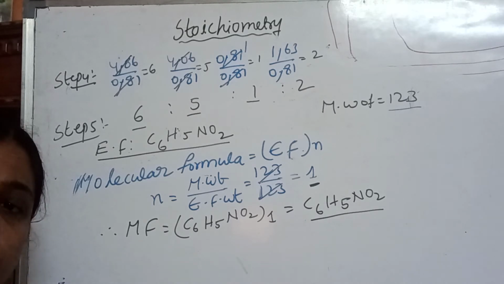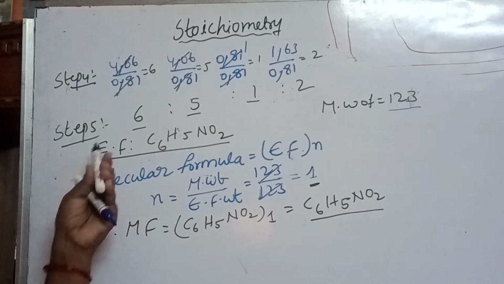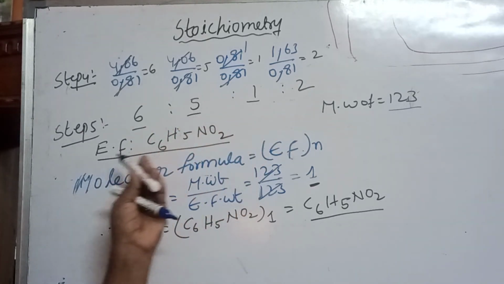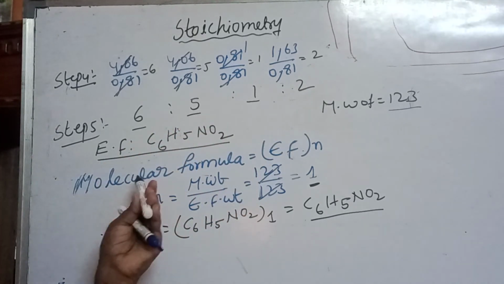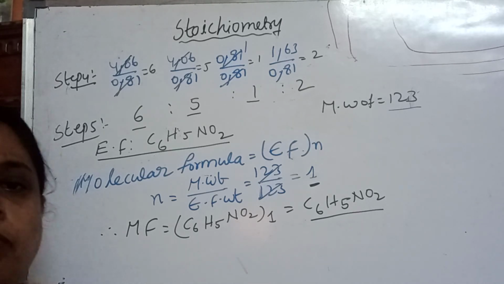Then divide the total values again by the least value, to finally get a whole number ratio like this. From this we can write the empirical formula. By knowing the empirical formula we can calculate the molecular formula. This is the calculation of empirical formula and molecular formula.